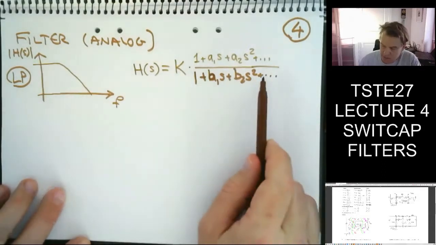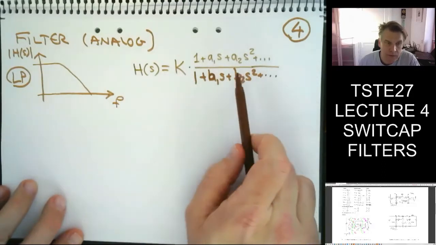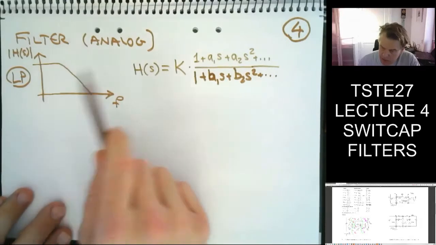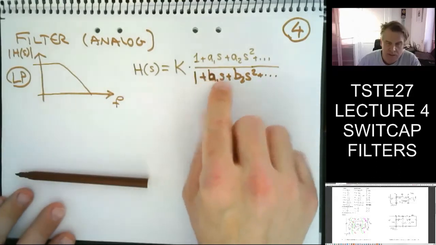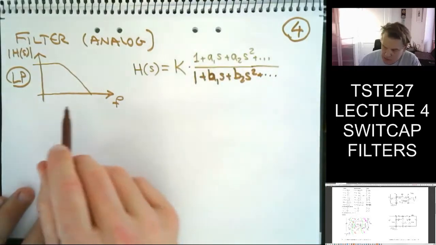A standard way of writing a transfer function. We could also write this in Bode's normal form, but let's just start here. And then K is my level gain, if you like, the DC gain. If I put s equal to 0, all these terms disappear and I get K times 1, etc.